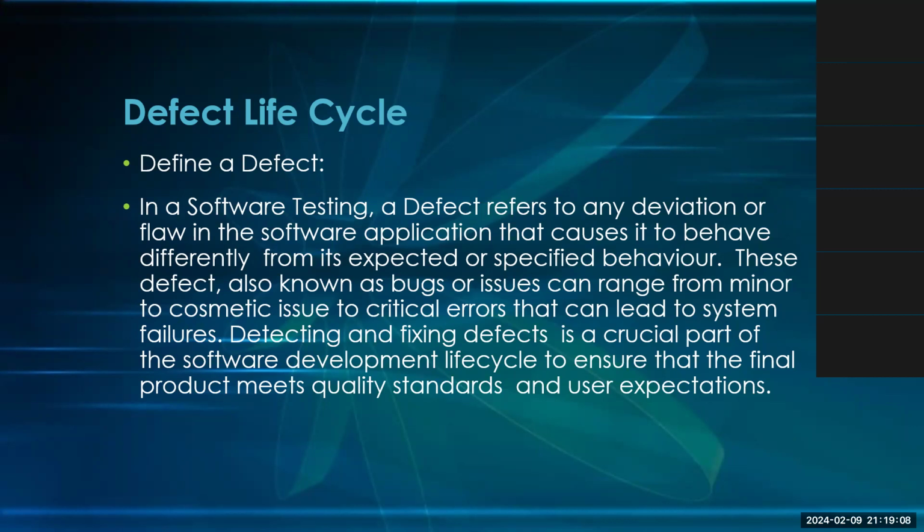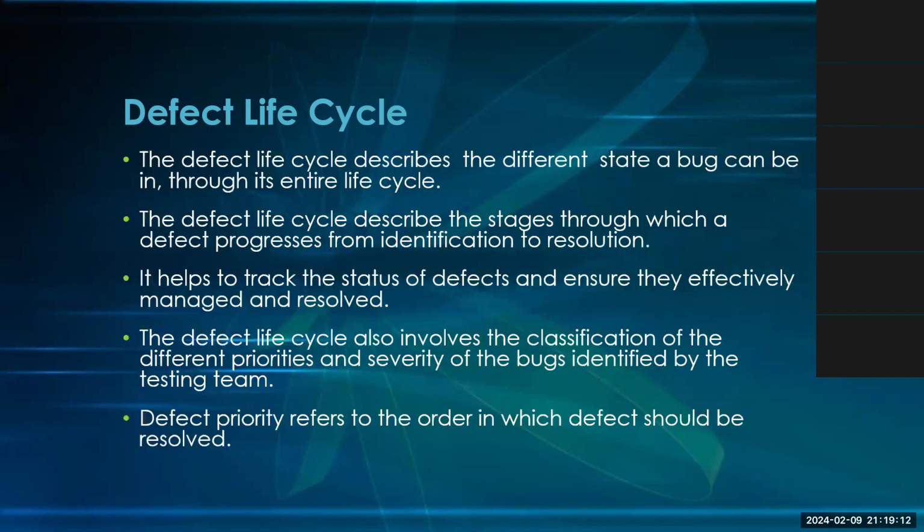So we also have defect life cycle. The defect life cycle describes the different states a bug can be in through its entire life cycle. Because once you find a defect, that means a bug is born. The moment a bug is found, that's the beginning, because it's a cycle.